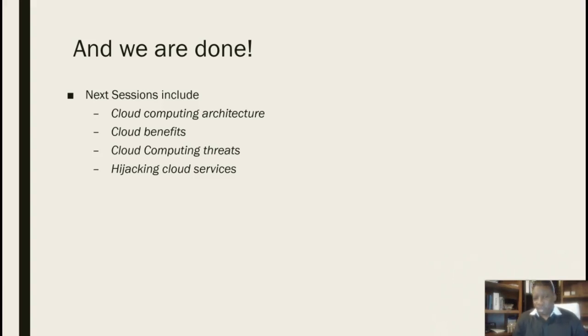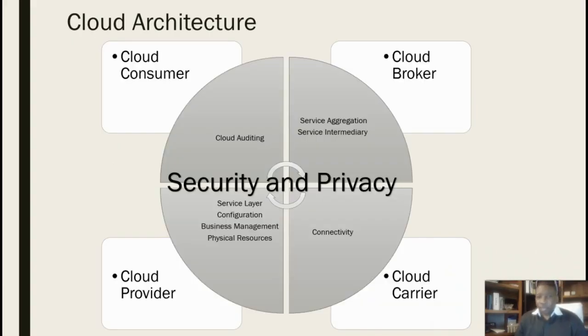But that first one, cloud computing architecture, I'll just give you a little tease. This is how a cloud architecture looks. You have the consumer, you have the provider, you have the broker, you have the carrier. And so the carrier is responsible for connectivity, the broker, service aggregation, the cloud consumer, cloud auditing.